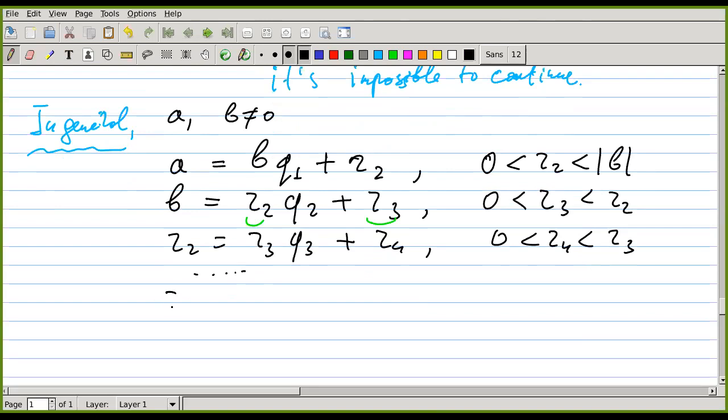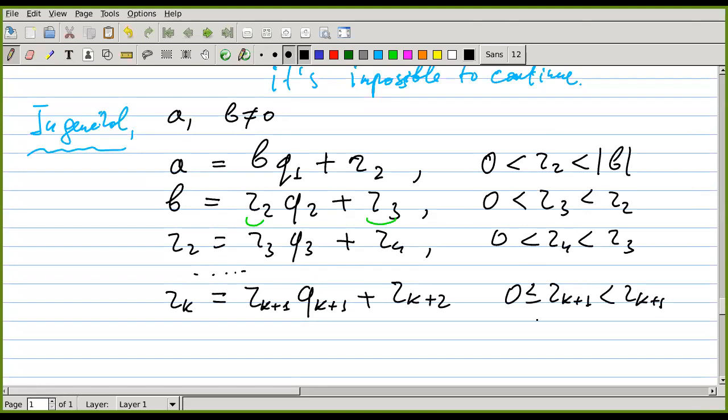In the general form, our step will look like that. rk is divided by rk plus 1, resulting in the partial quotient qk plus 1, and the next remainder rk plus 2. And of course, this remainder in principle can be 0, while this will be our last step. Is this idea clear?